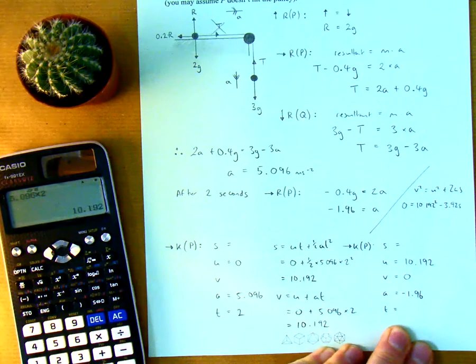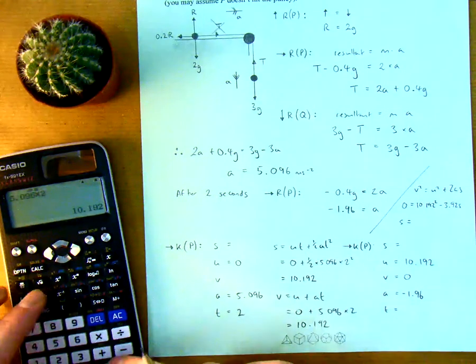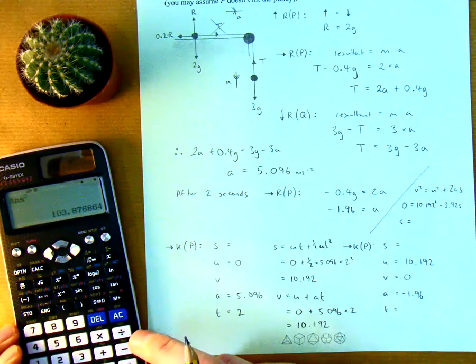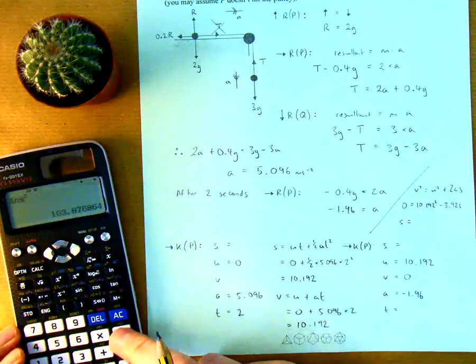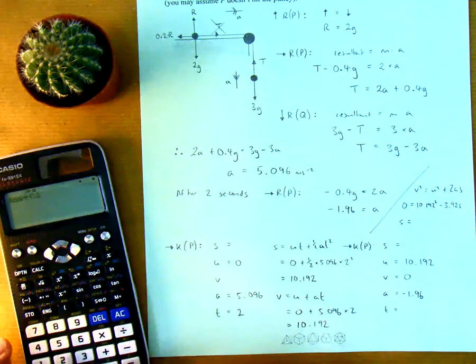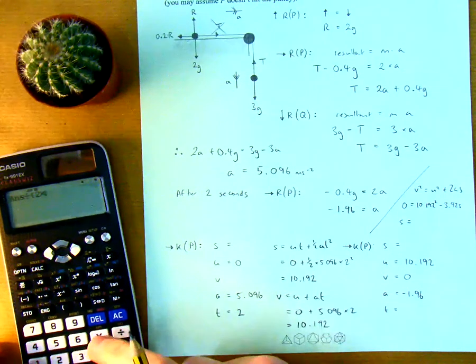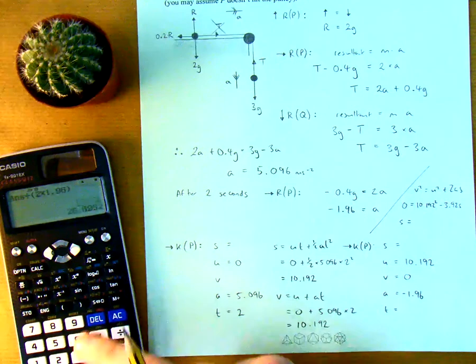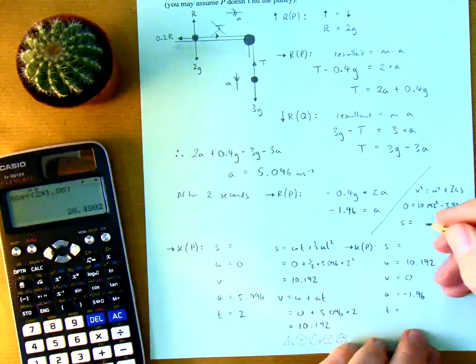So I can work out that s is just going to be 10.192 squared, which is 100 point something, divided by 3.92, which gives me an answer of 26.49.